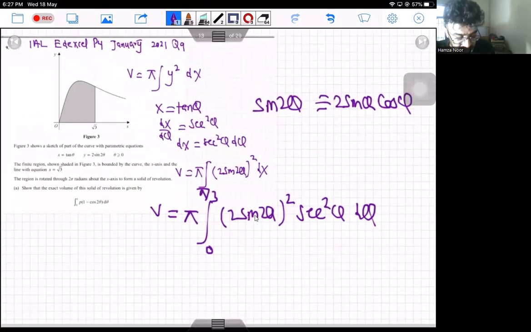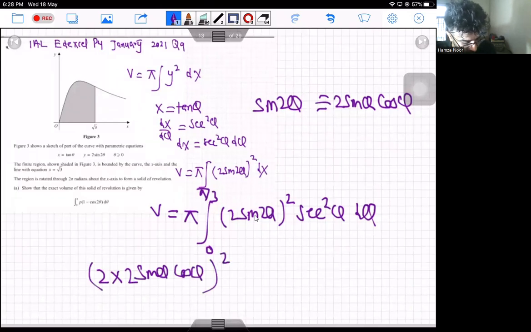So in place of 2 multiplied by sine 2 theta, we can write 2 multiplied by 2 multiplied by sine theta multiplied by cos theta. This will be whole squared and then multiplied by sec squared theta. And in place of sec theta, we can write 1 over cos theta, so in place of sec squared theta, we can write 1 over cos squared theta. And this will be multiplied by pi.